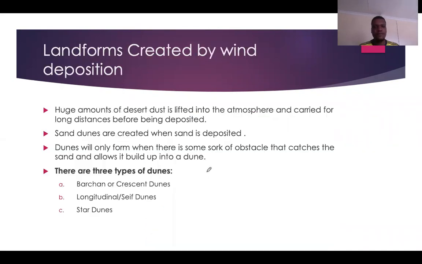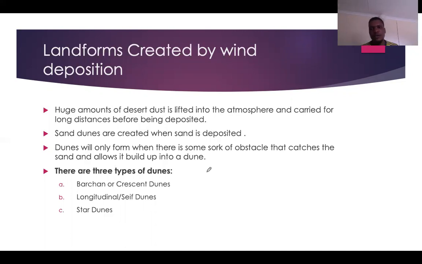All right. That is it with the landforms formed by erosion. Now we have landforms created by wind deposition. Remember, whenever there is erosion, there is transportation, and from transportation, there is deposition. We know the modes of transportation. In wind, we have saltation, which is when the wind carries a particle and then drops it.